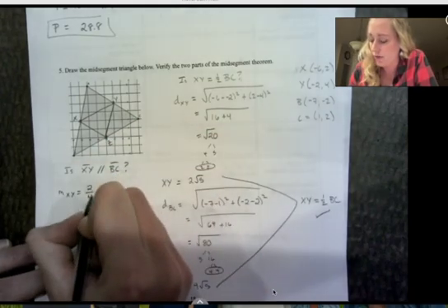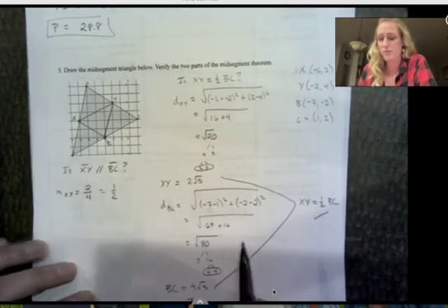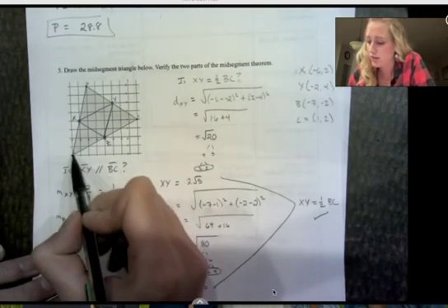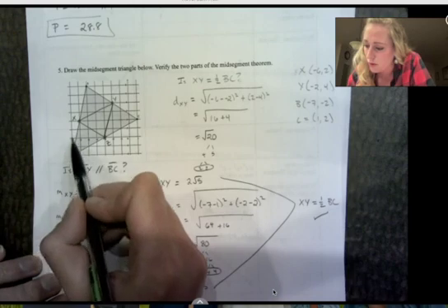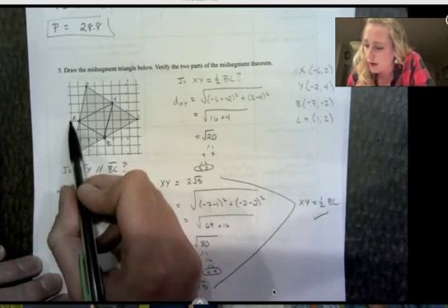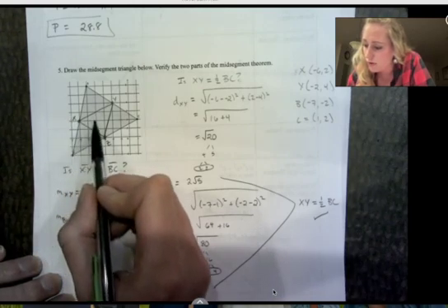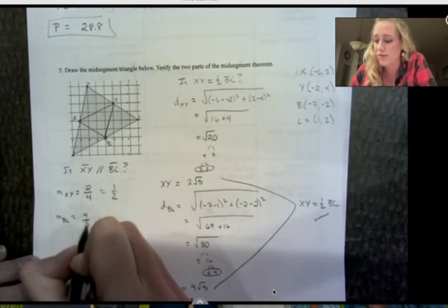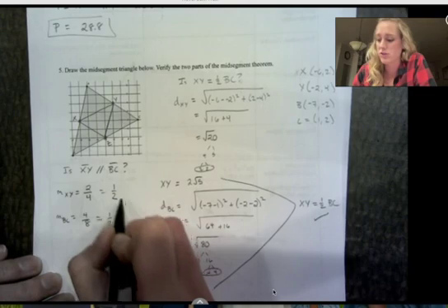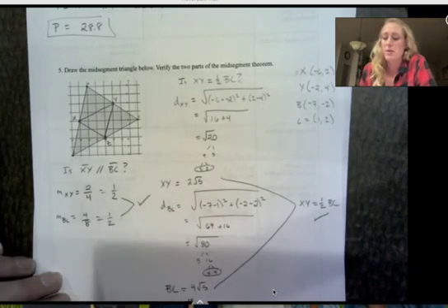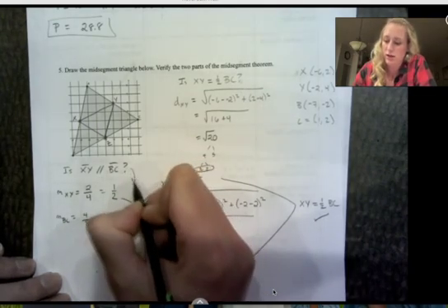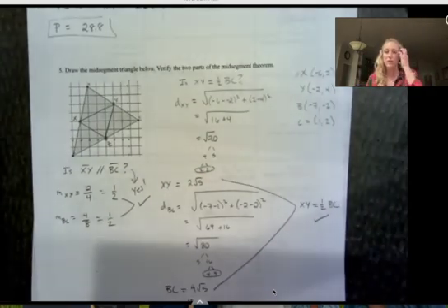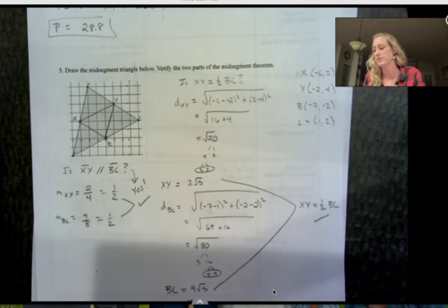So rise over run, I can simplify that to 1/2. The slope of BC, counting, I'm going to go up 1, 2, 3, 4 over 1, 2, 3, 4, 5, 6, 7, 8, 4/8, which also reduces to 1/2. So I'm just going to write yes there. Okay, they are parallel because we verified their slopes are the same.